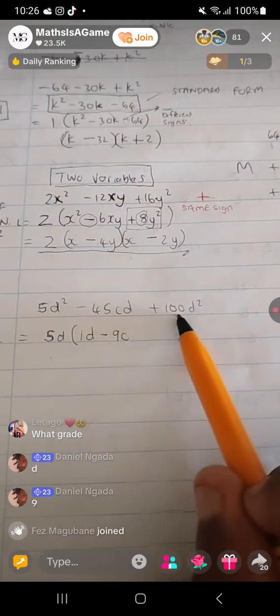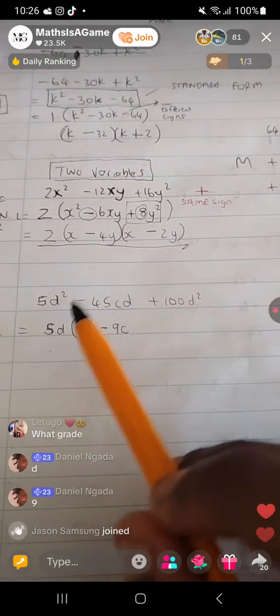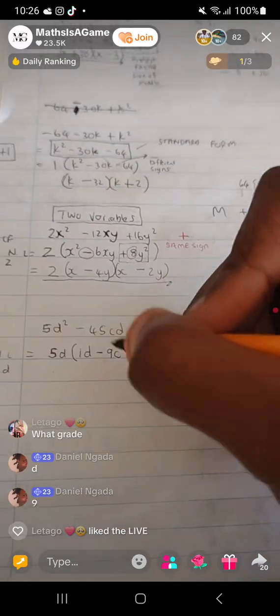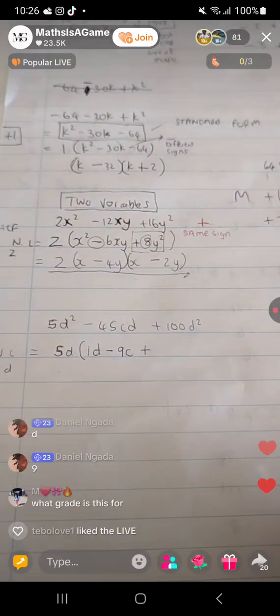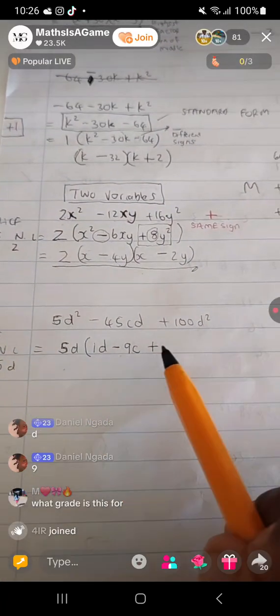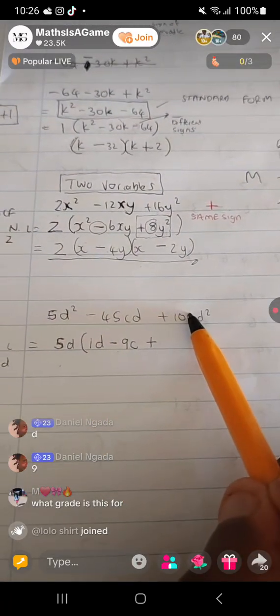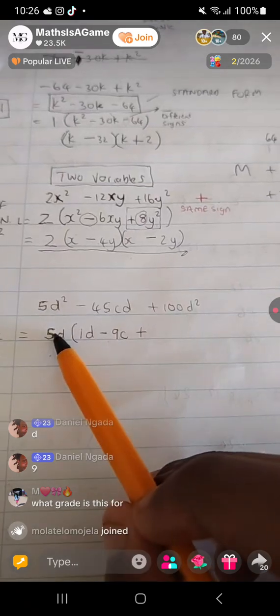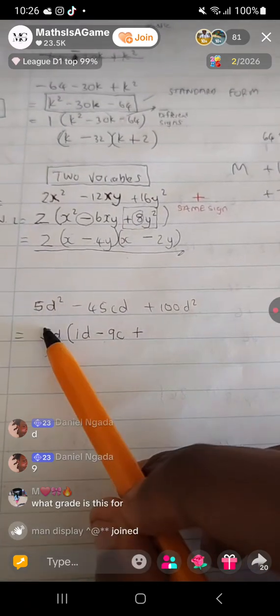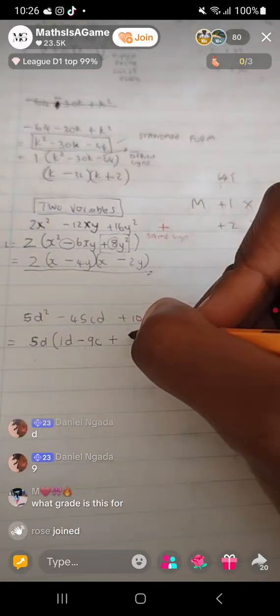Lastly, look at this last term. Positive times what gives us a positive? That's a positive. 5 times what gives you 100? Or we can say 100 divided by 5. What's 100 divided by 5?